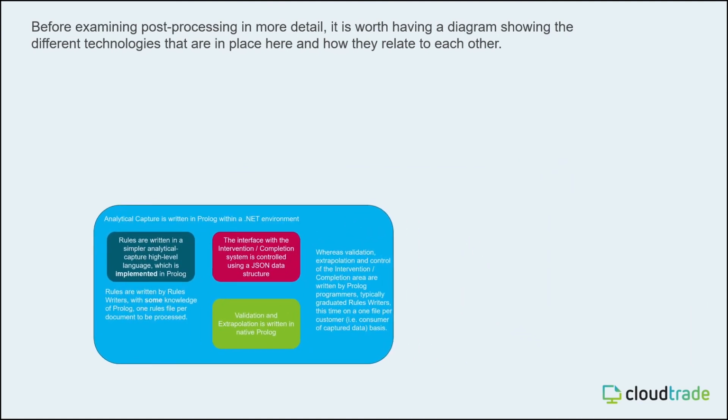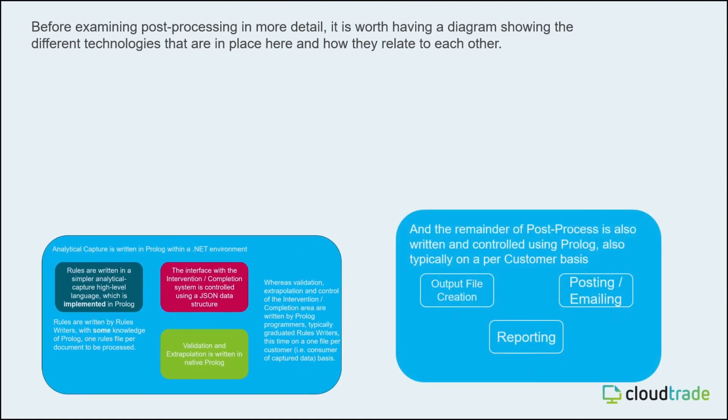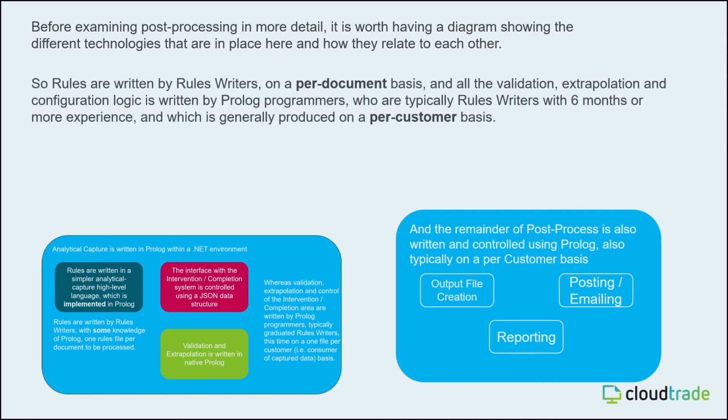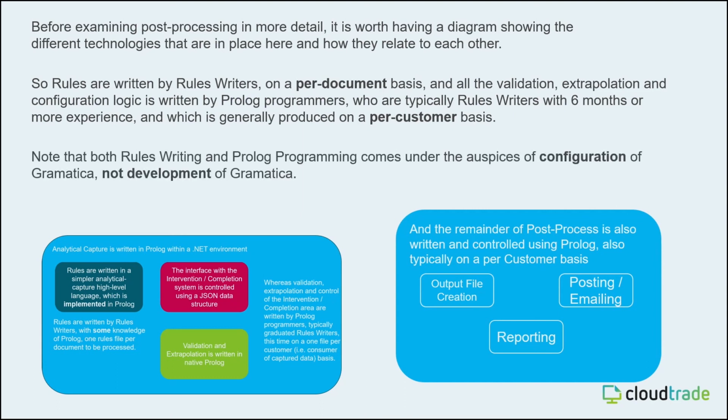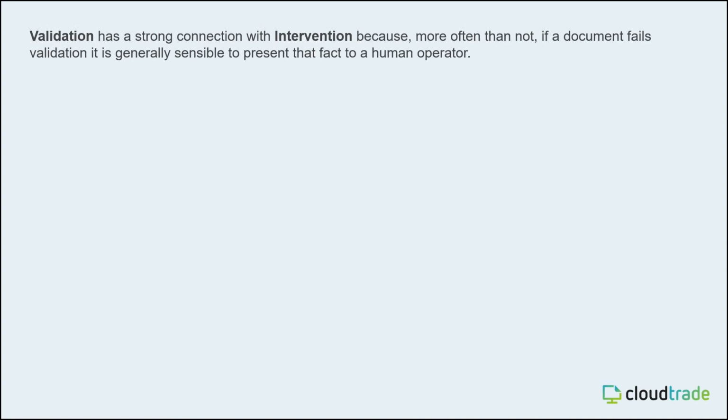All of this then communicates to the post-processing system, which again is written in Prolog, and again is written not by programmers but by people who are graduated rules writers. This is all why we call it configuration rather than development, because they're not proper programmers doing this sort of stuff.